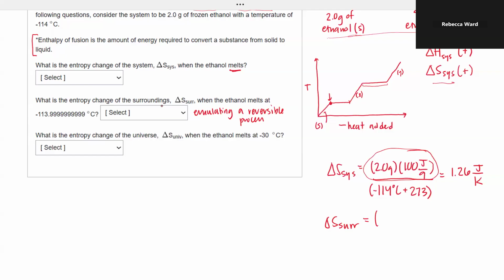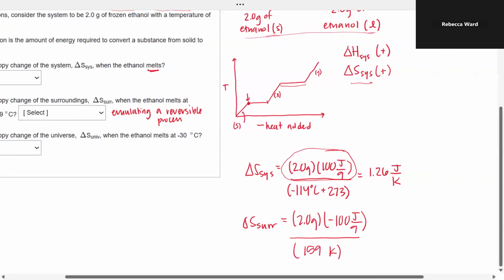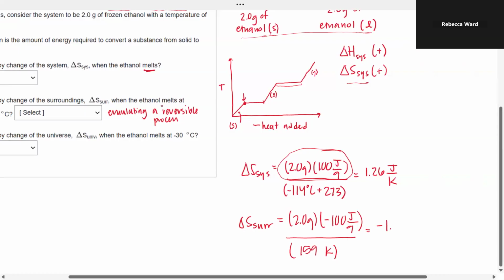So I'm going to have 2.0 grams times negative 100 joules per gram. And it happened at essentially the same temperature, which was 159 Kelvin. Okay, so this would give me negative 1.26 joules per Kelvin.